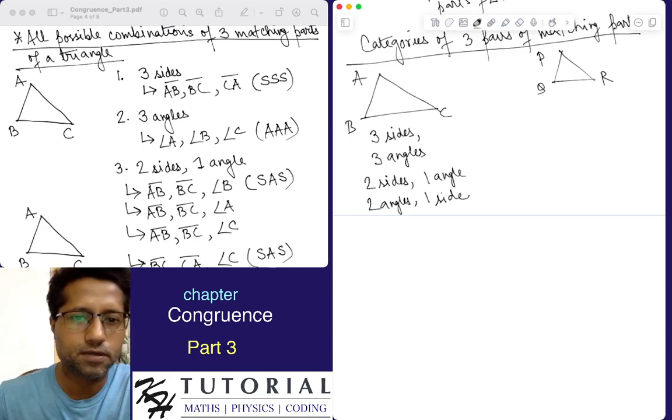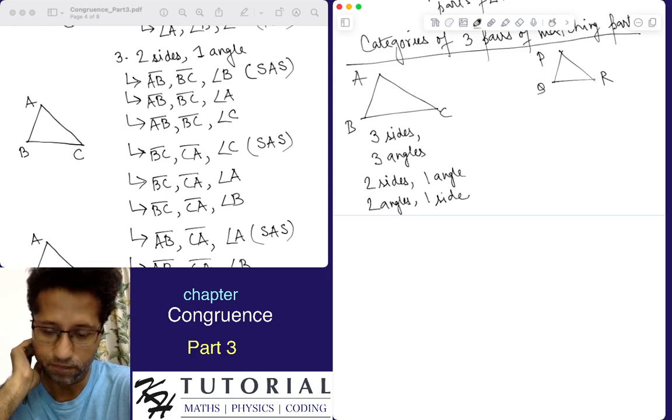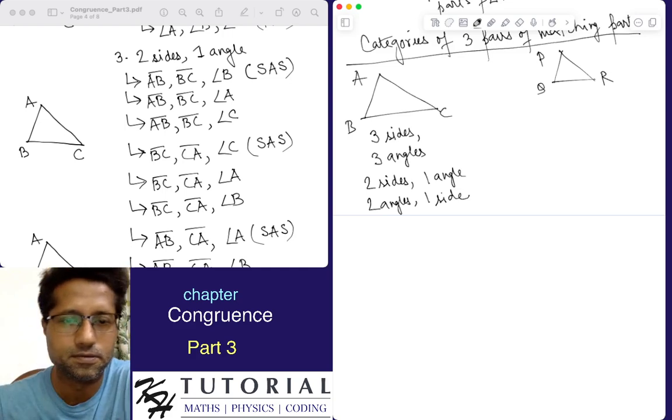Now, in selecting the three matching parts, if two are sides and one is an angle, then there are many possibilities.